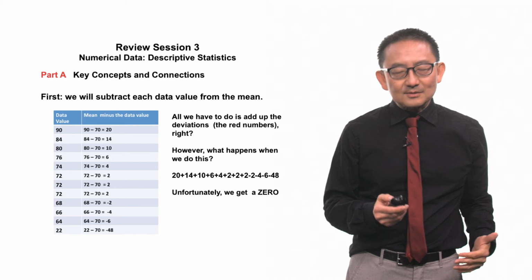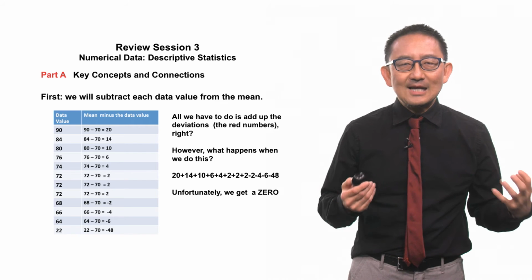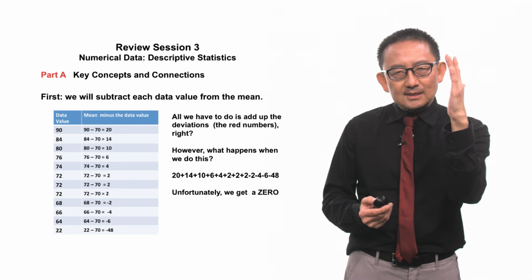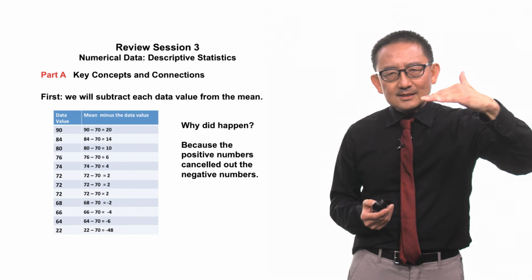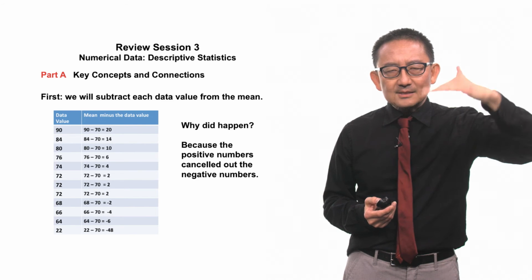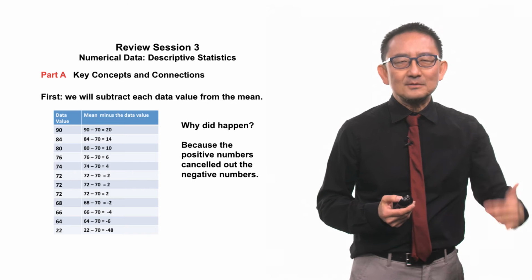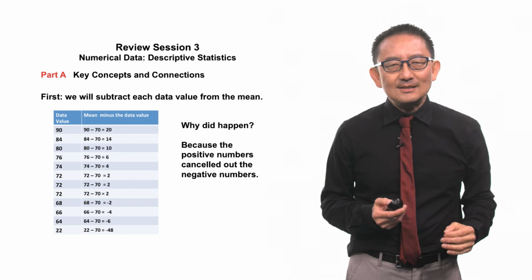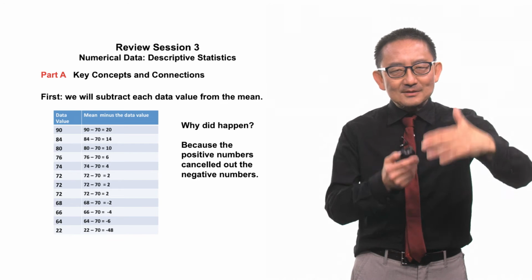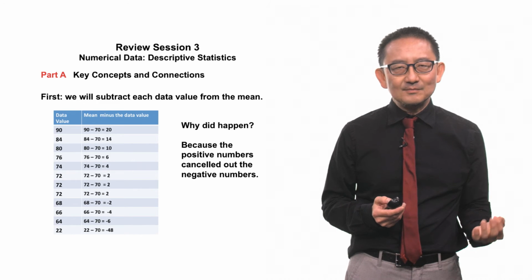It's a 0. So how does that help us? It doesn't help us at all. But it's interesting because the question is, why did that happen? It's because the positive and the negative numbers canceled each other out, because remember, we're referring everything to the mean. So when we add those numbers all together, we get a 0.